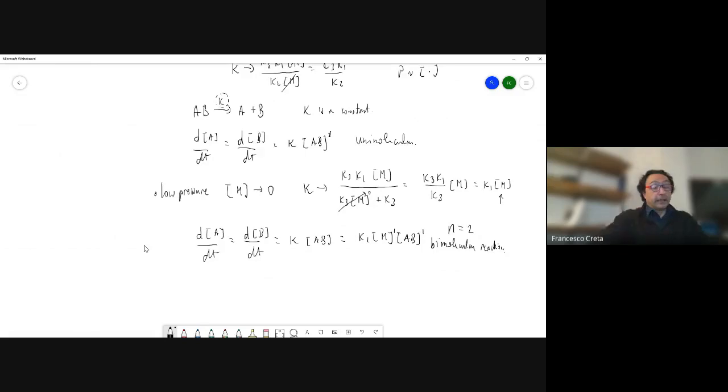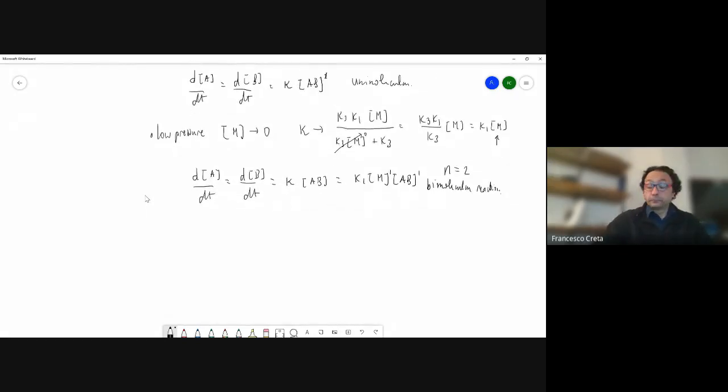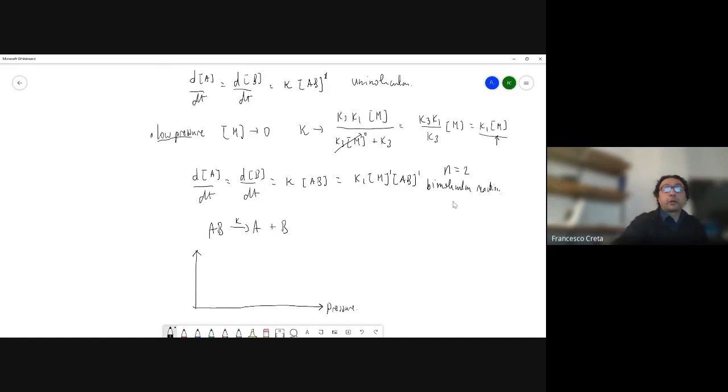So in fact, if we summarize, given a reaction which overall has K constant here, giving AB, so a dissociation reaction, if we monitor how K varies with pressure, at low pressure it behaves like K1 times a molar concentration.